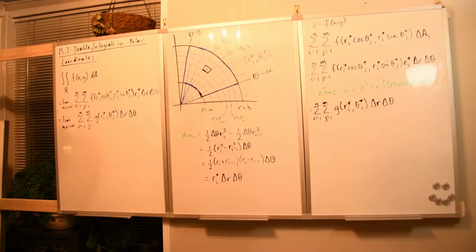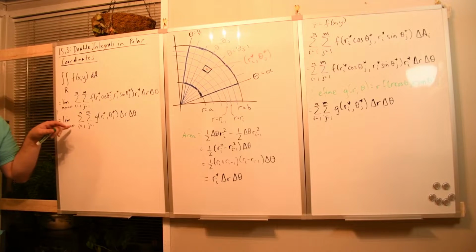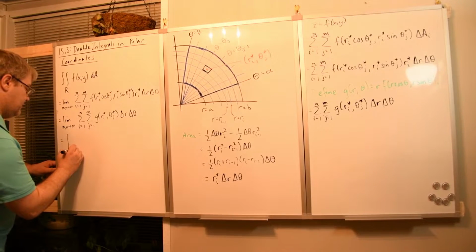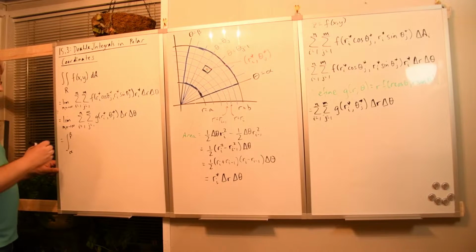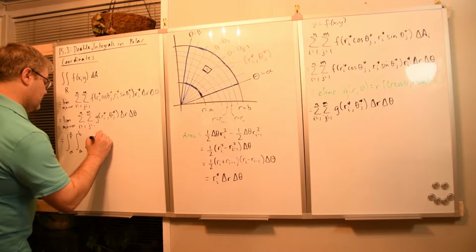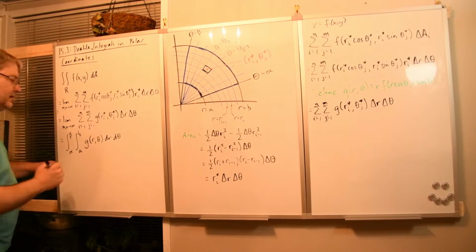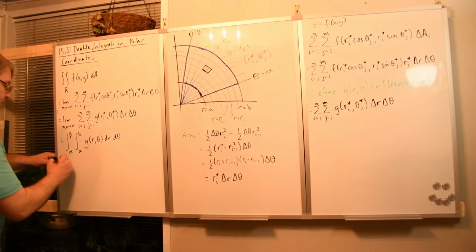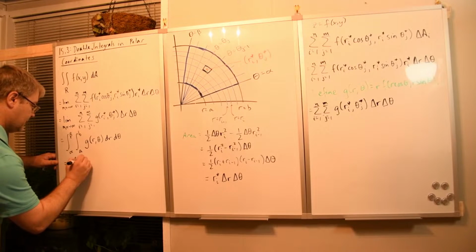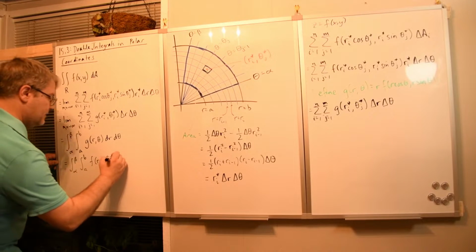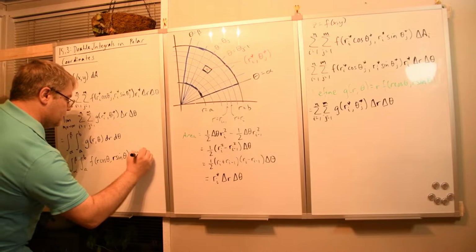But if we go back to what we saw in previous sections, we know that this is going to be the same thing as our double integral. In fact, we'll have alpha and beta as limits of integration on the outside, a and b as limits of integration on the inside. We'll have a g of r comma theta dr d theta, which will be the same thing as, going back to what we're seeing here, double integral of f of r cosine theta comma r sine theta times r dr d theta.